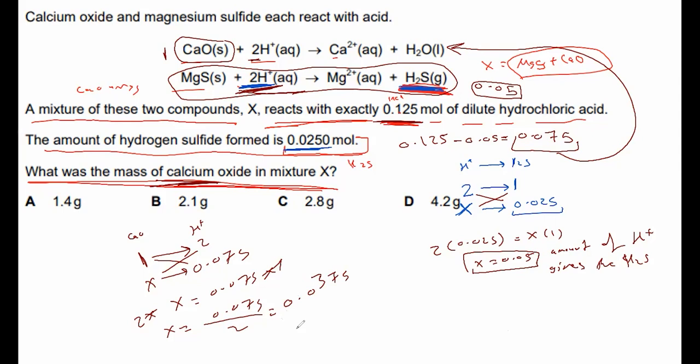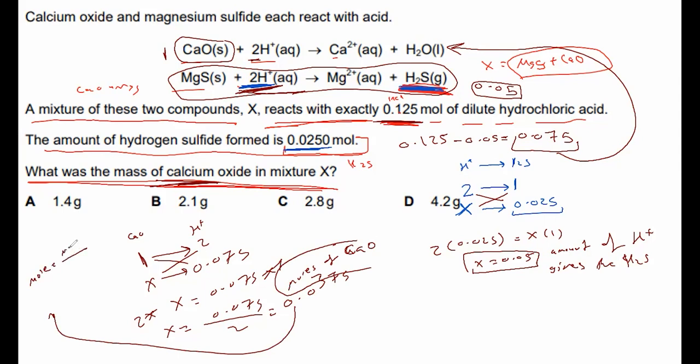What is this? This is the moles of CaO. We need the mass of CaO, so we continue here. Mole equals mass over molar mass. The moles is 0.0375, equal to mass, which is unknown, over the molar mass of CaO.